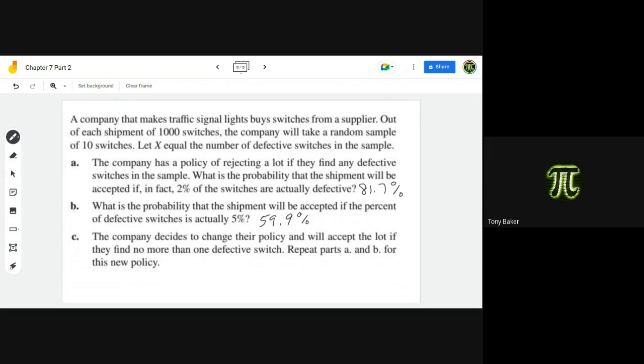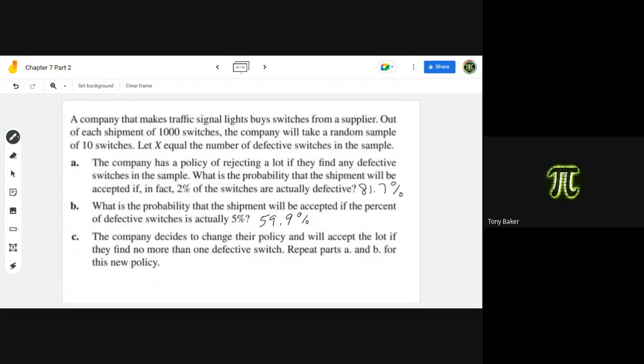So what was the mistake we made? If it's no more than 1, what do we have to include? We have to do the 0 too. So that percent isn't going to be the answer. We have to add that to the 0 defective probability that I already got.